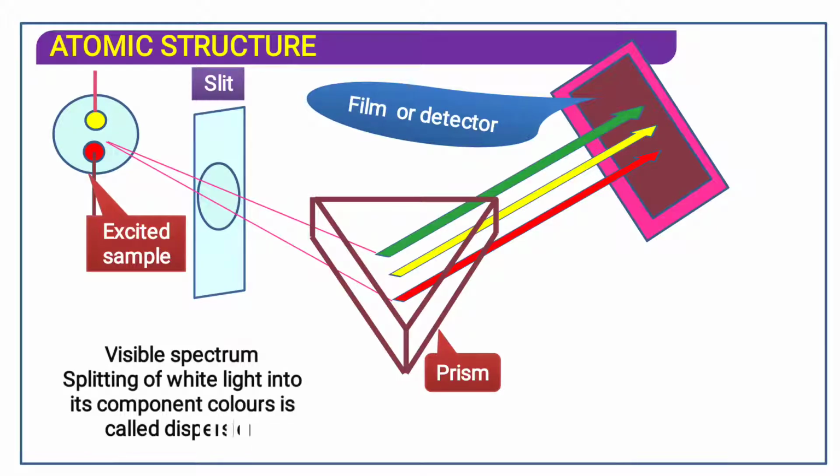Visible spectrum: splitting of white light into its component colors is called dispersion.